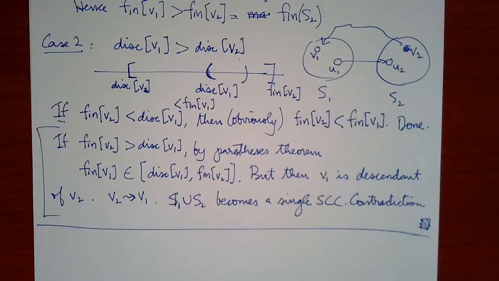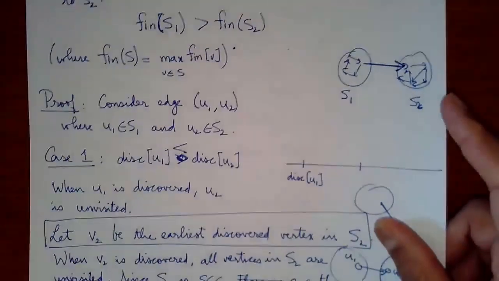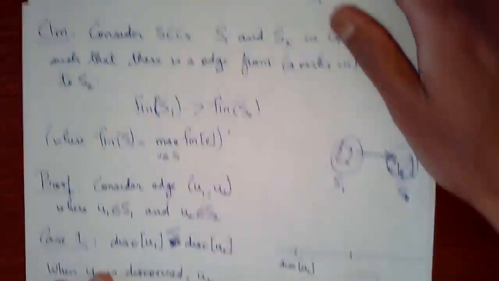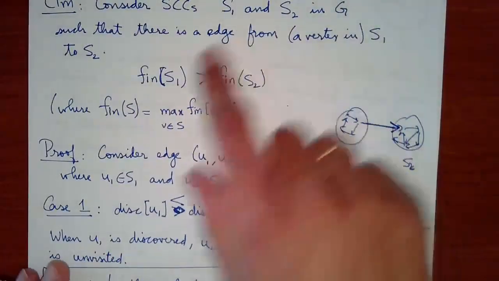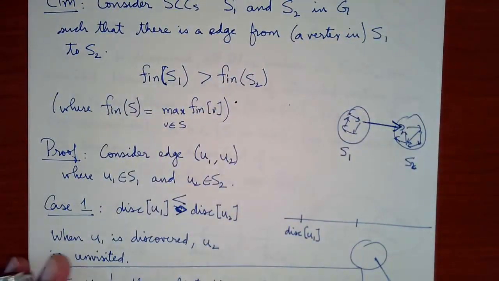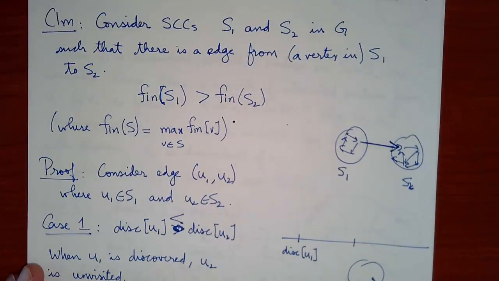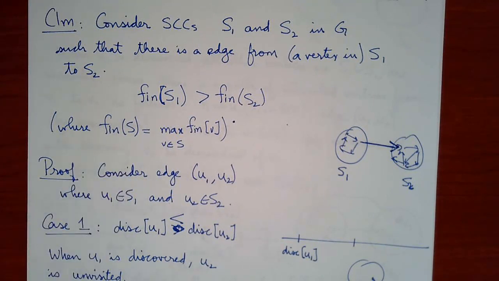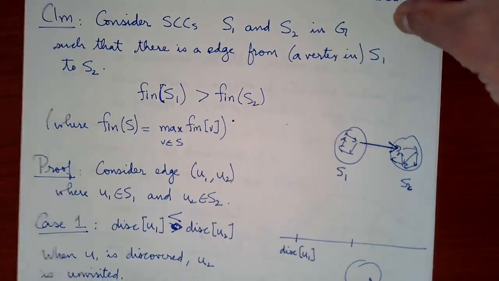Okay, so does this make sense? This is in some sense the key argument, right? That the finish of S1 is more than the finish of S2, whenever there's an edge from S1 to S2. And now if you think about this, what you can argue is in the reverse. So now this is where we need to complete the argument.